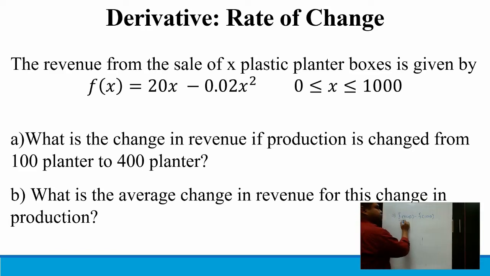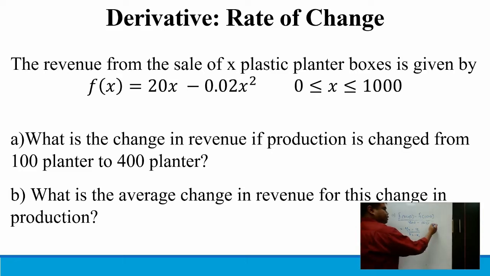It means that f(400) minus f(100), divided by 400 minus 100. It seems like y2 minus y1 over x2 minus x1.